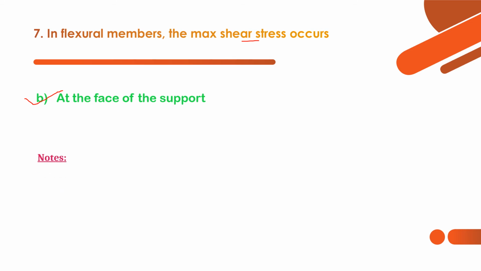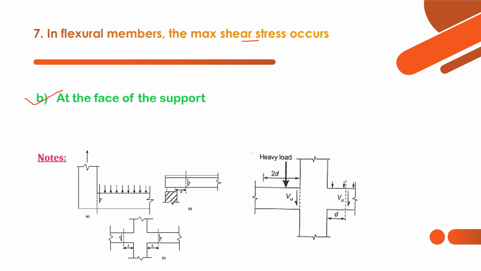Now let's visualize using these diagrams. Here you can see shear force occurs at the face of the support. Here you can see shear force occurs at a distance d from the support in the case of a simply supported beam like this. In the fixed beam, shear force occurs at a distance d from the face of the support.